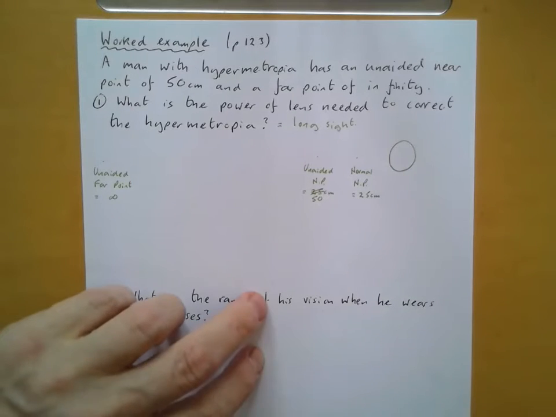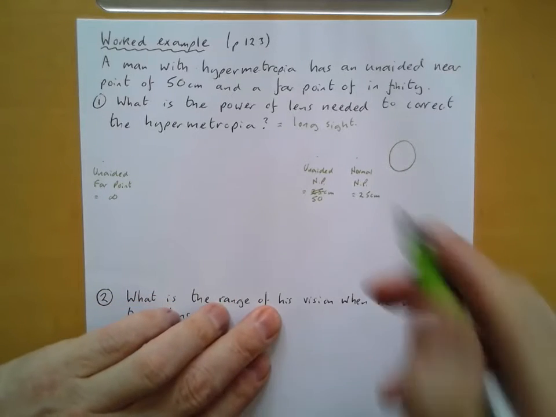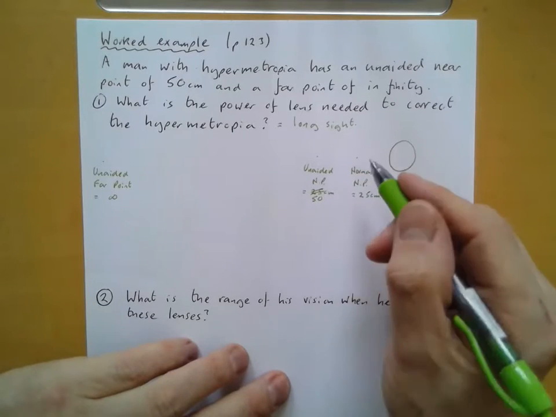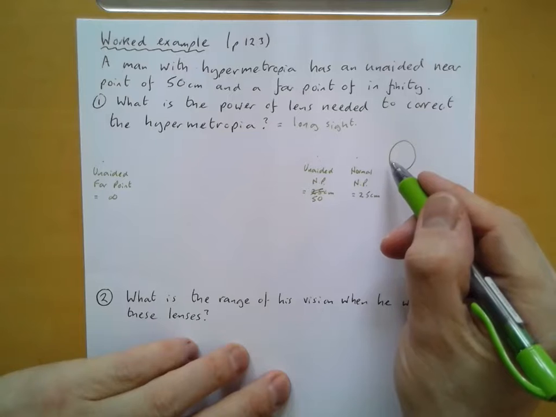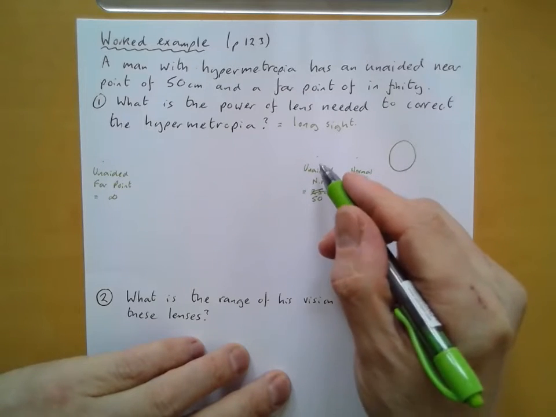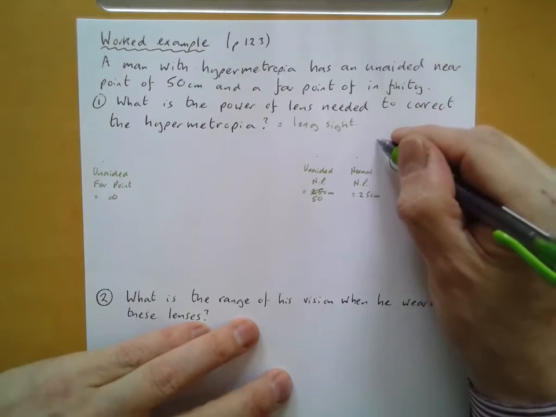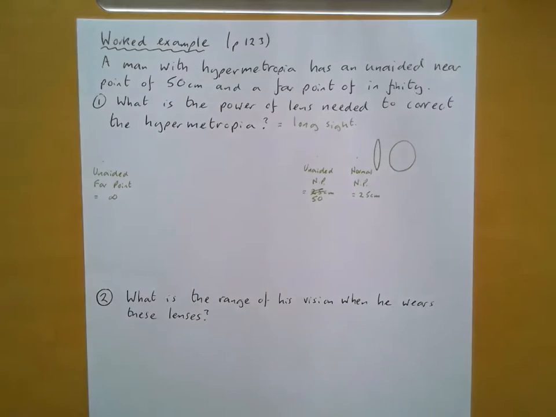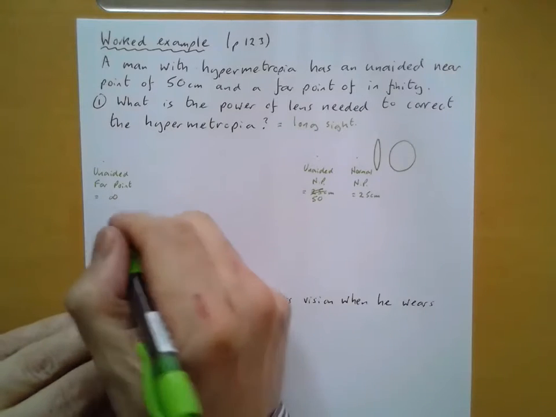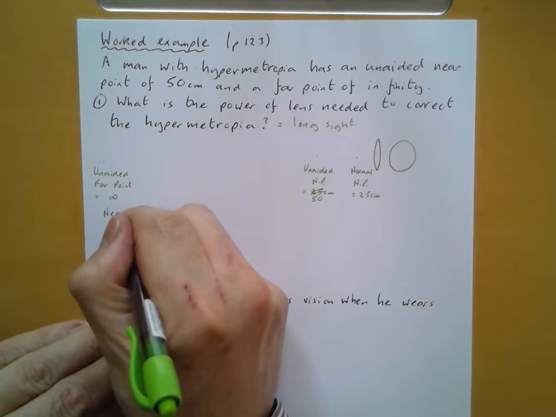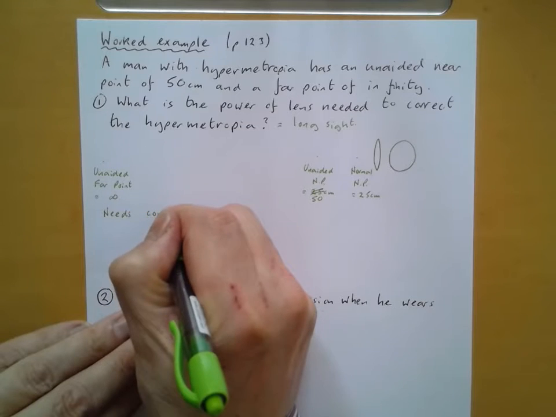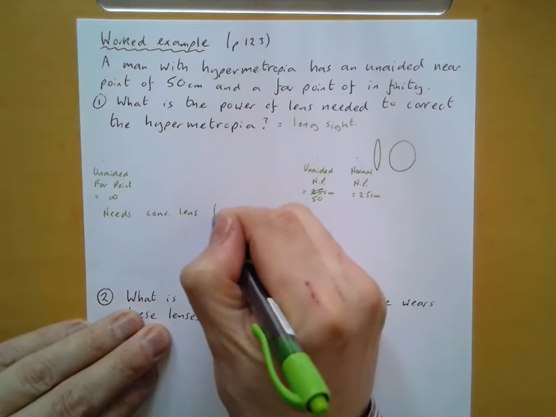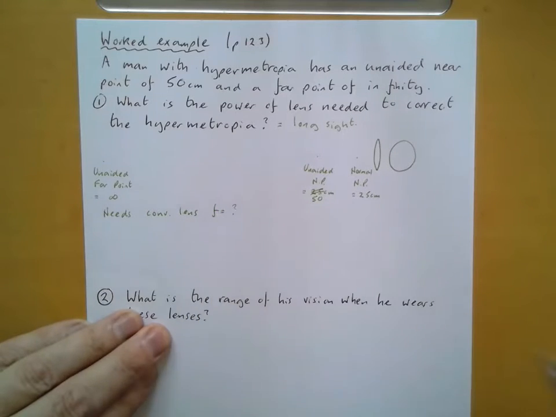To do that, then, because his eye lens is not able to properly converge rays from 25 centimeters, it can only do it if it's 50 centimeters away, so he needs a bit of help in the form of a converging lens. So he needs a converging lens, and the focal length of this lens is question mark.